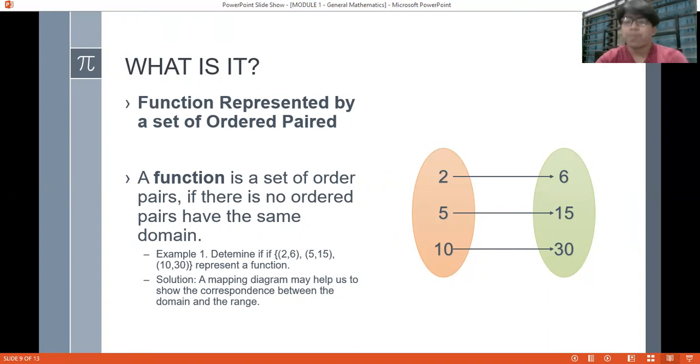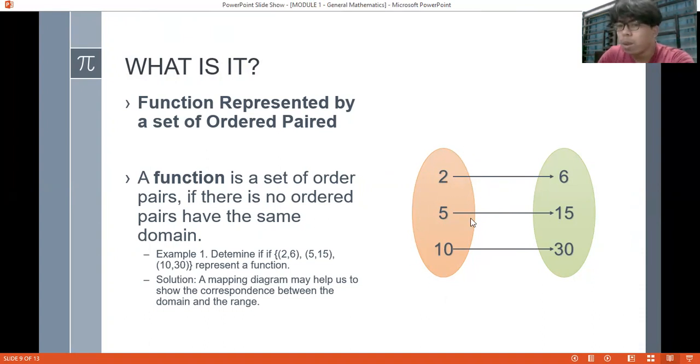So remember that. Example number 1: determine if (2, 6), (5, 15), (10, 30) represent a function. We are going to use the mapping diagram. We all know that 2, 5, and 10 are the domain, and 6, 15, and 30 are the range. Let us look at the domain part.